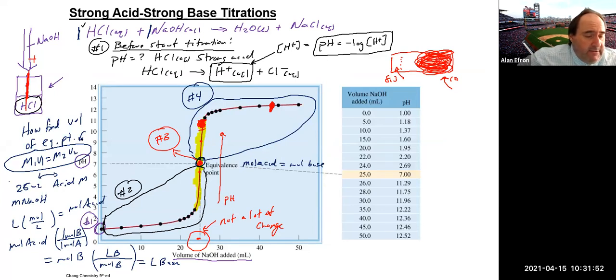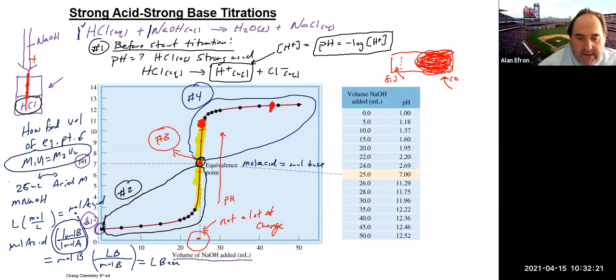You do have to do the stoichiometry calculation, because if you use M1V1 equals M2V2 and it's not one-to-one, the multiple relationship part of the calculation will be incorrect. So you need to make sure that you do a real stoichiometry calculation. But in most cases that you'll come across, you can probably use M1V1 equals M2V2 and get the right answer. So why don't we try an example here?